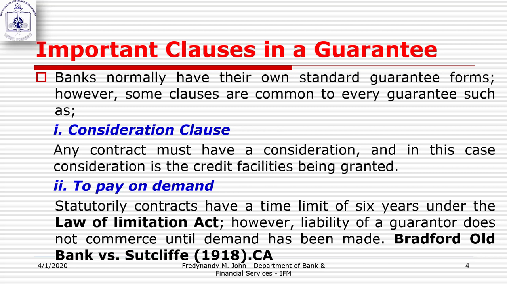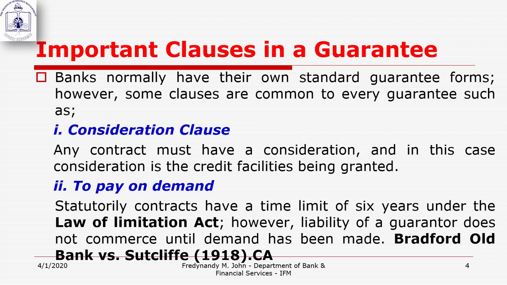Remember, main contract is the contract between the banker and the principal borrower. Let's assume that the main contract is for 10 years. Therefore, the guarantee contract will start once the guarantor has received the note of determination.